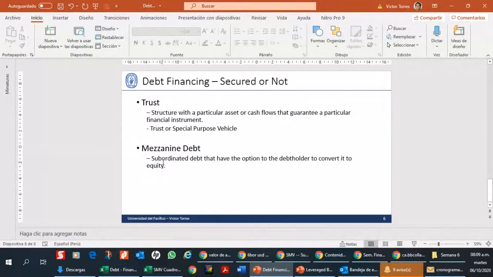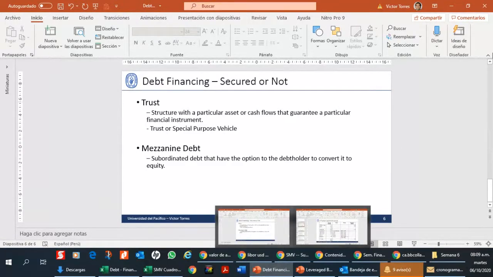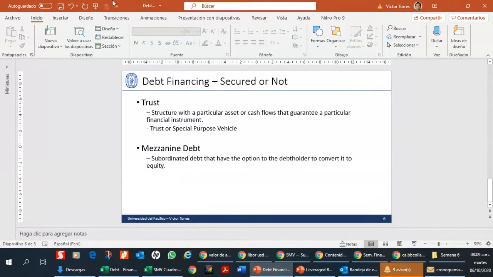It has the option to convert that debt to equity. So you can transform the debt that you have with a particular company into shares of that entity. And the idea is that you are willing to give money on a risky project.